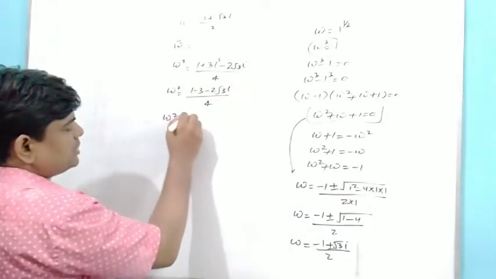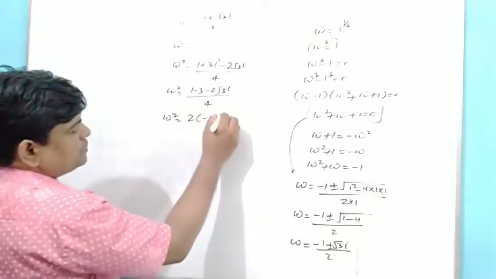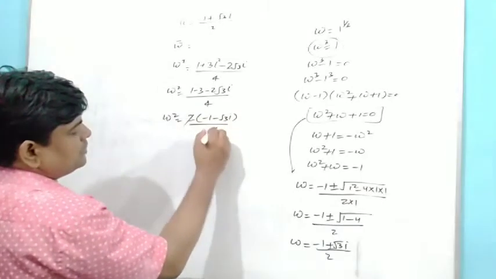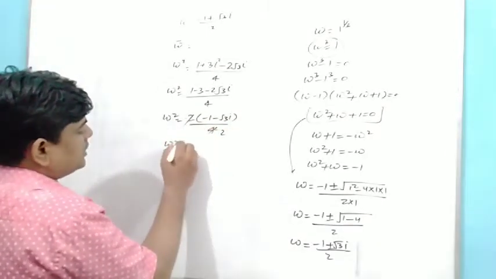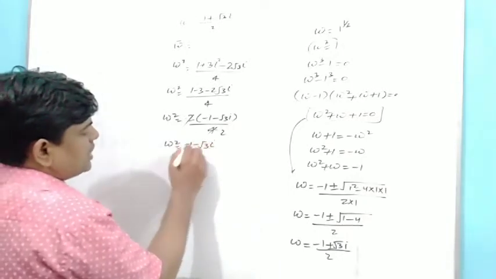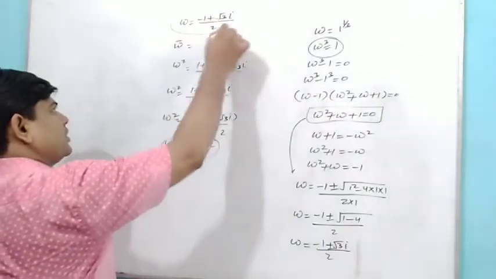That omega square is equal to minus 2, if I am taking 2 common, I will have minus 1 minus root 3i upon 4. This is 2. So omega square is equal to minus 1 minus root 3i upon 2. This is omega square and this is omega.